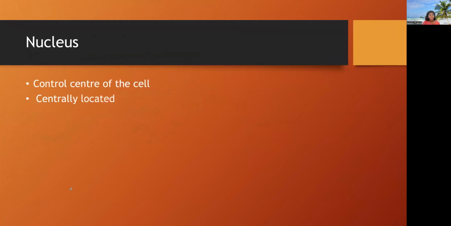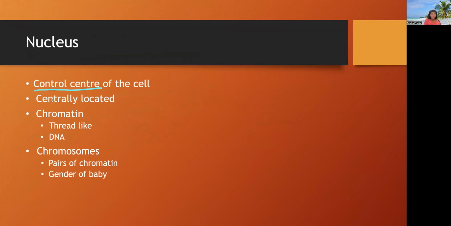So nucleus is the control center of the cell, centrally located. That is, if you take a cell, it's right in the middle. So it has chromatin and chromosomes. It's the most important part.